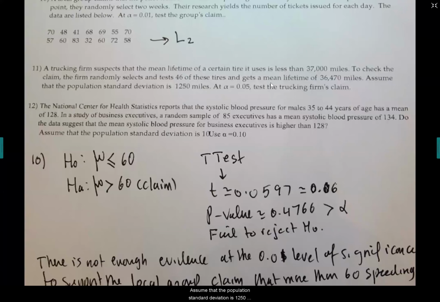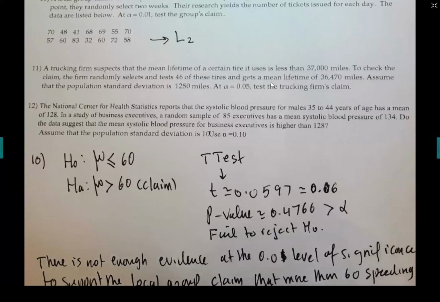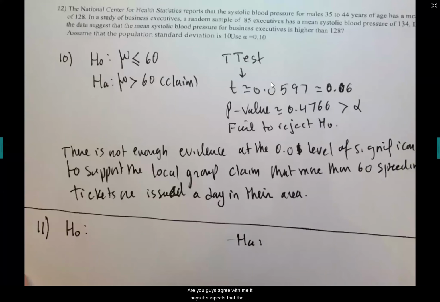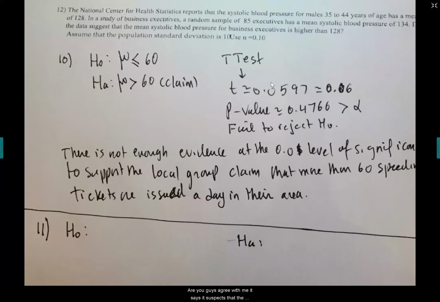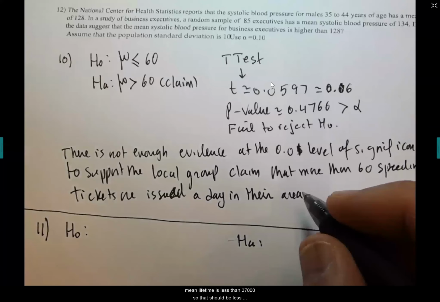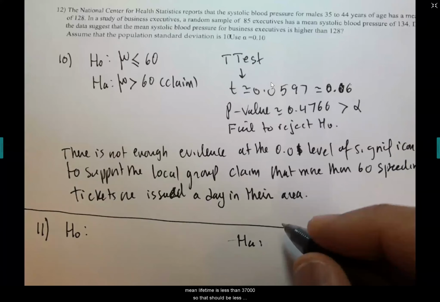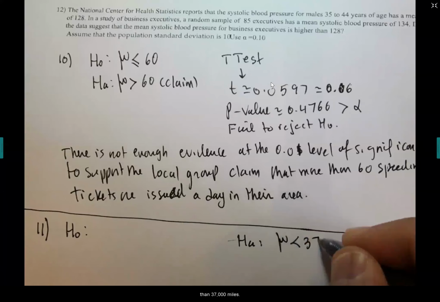Assume that the population standard deviation is 1250 miles. At alpha equals 0.05, test the trucking firm's claim. I'm going to do this exercise both using the p-value and the critical value, just to remind you of the critical value. So H0 and then HA, let's go there. You guys agree with me, it says it suspects that the mean lifetime is less than 37,000. So that should be less than 37,000 miles here.